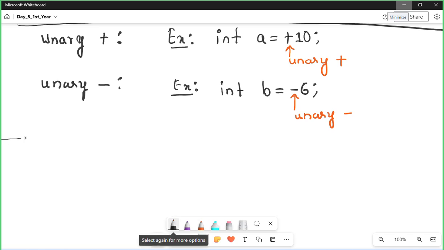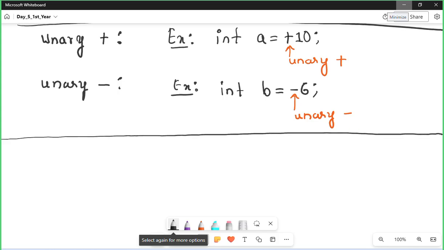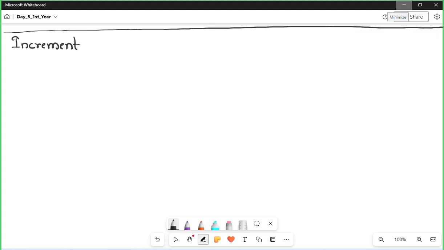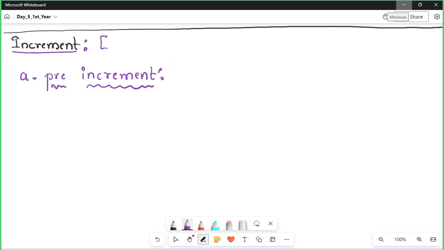Now we're going to learn about the increment operator. Understand this example very well. In the increment operator there are two types. The first one is pre-increment. What is the meaning of pre-increment?